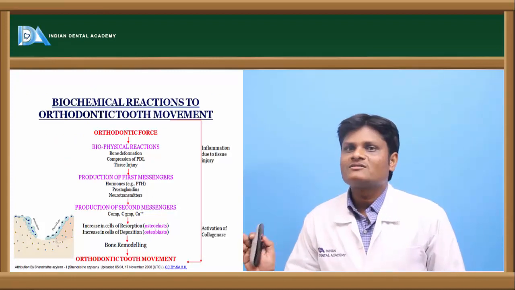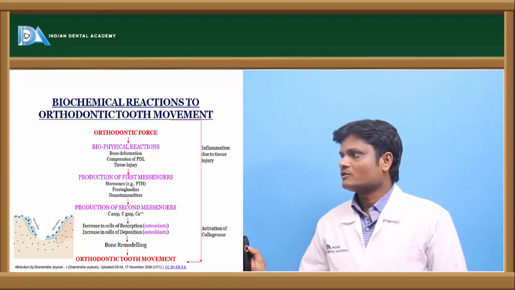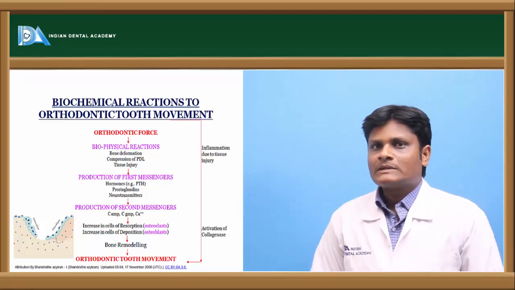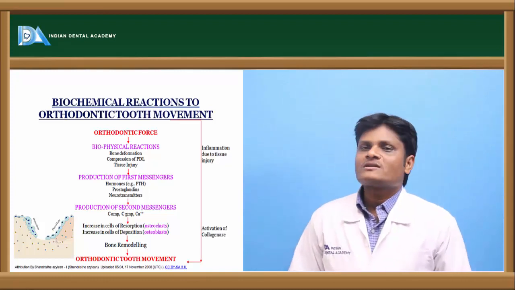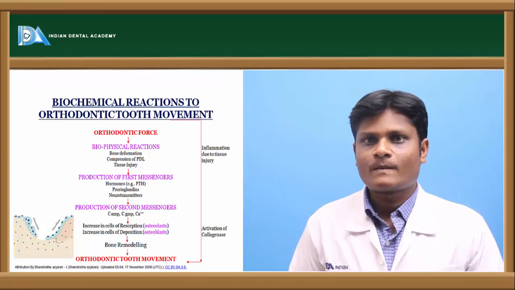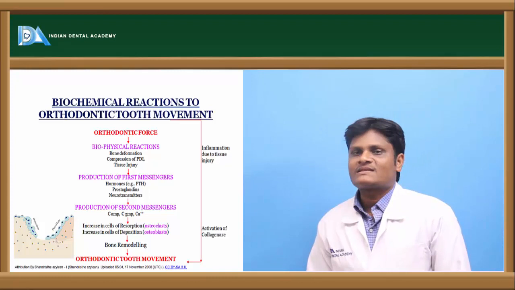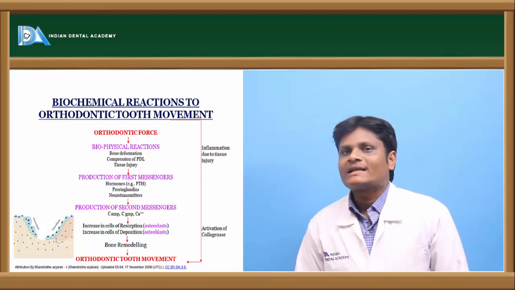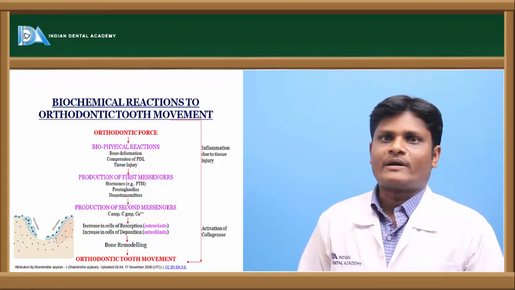We can combine these theories and put it under biological reactions to orthodontic tooth movement in this way. In response to orthodontic force, there will be biophysical reactions like bone deformation, compression of periodontal ligament, and tissue injury. These things will lead to production of first messengers like parathormone, the prostaglandins, neurotransmitters like vasoactive intestinal polypeptide.